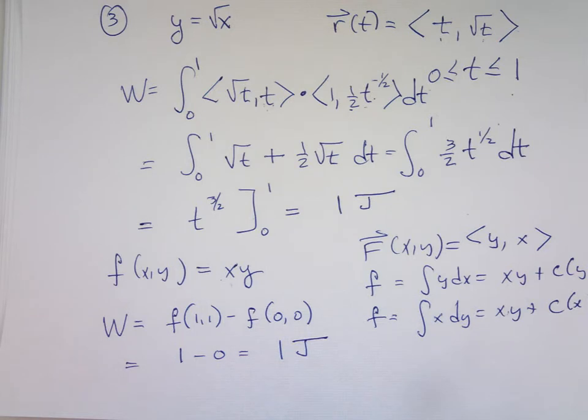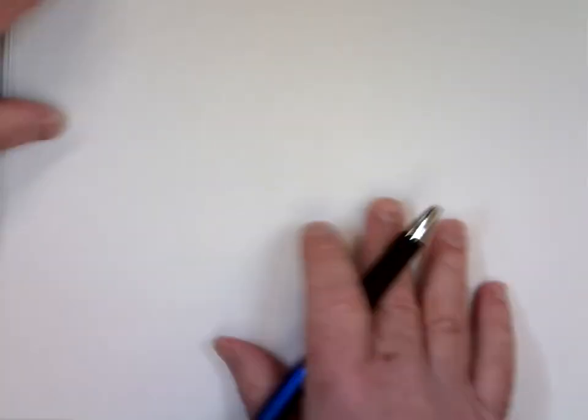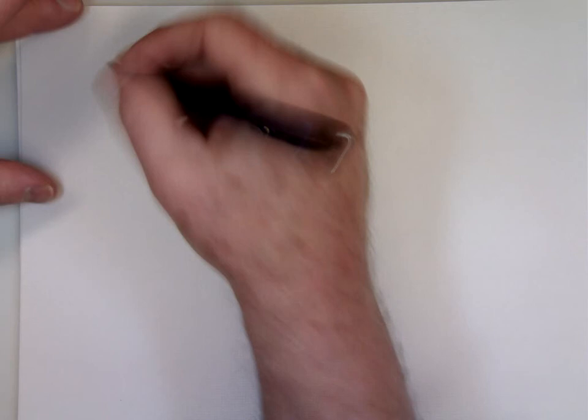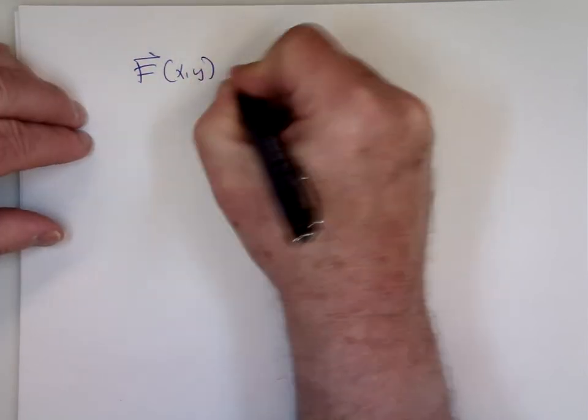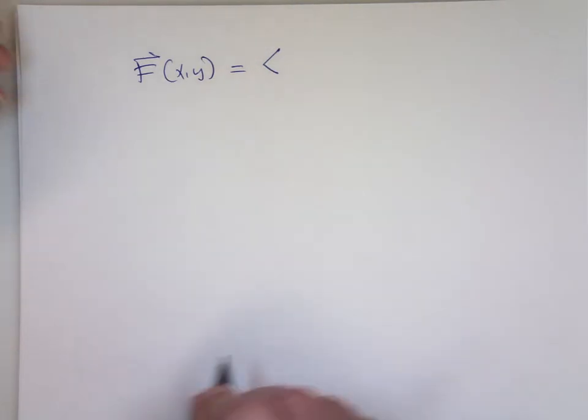All right, you guys ready to do one? Let's try another one. I'm going to give you another conservative one, so you can find the potential and do it that way. I want you to verify that. So here we go. Let's take a pretty simple field here.